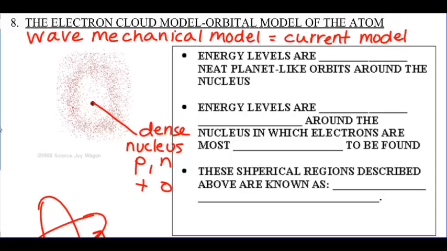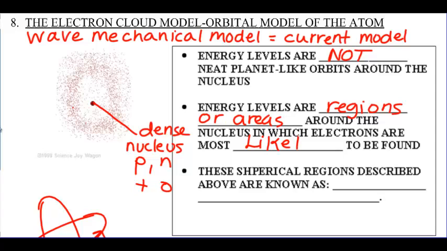So the big difference is that energy levels are not neat planet-like orbits around the nucleus. Energy levels are regions or areas around the nucleus where there's simply a good chance of finding an electron, where electrons are most likely to be found.